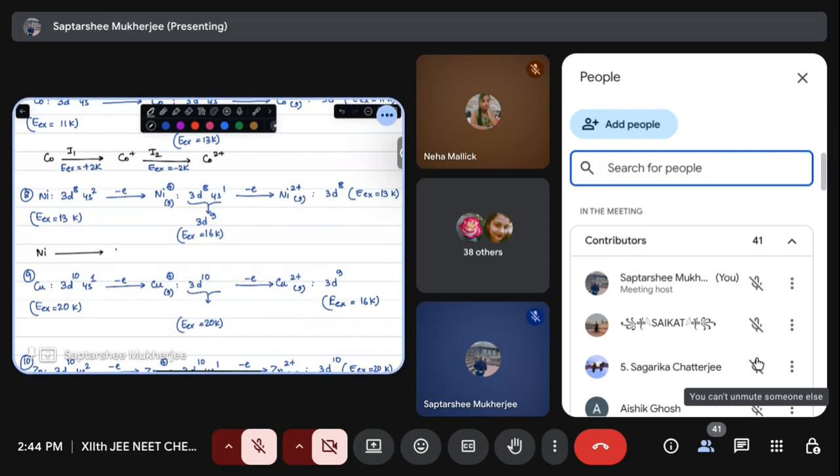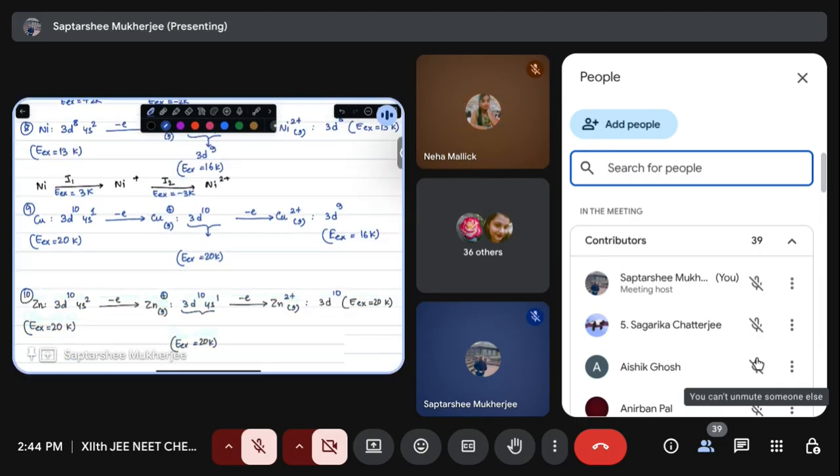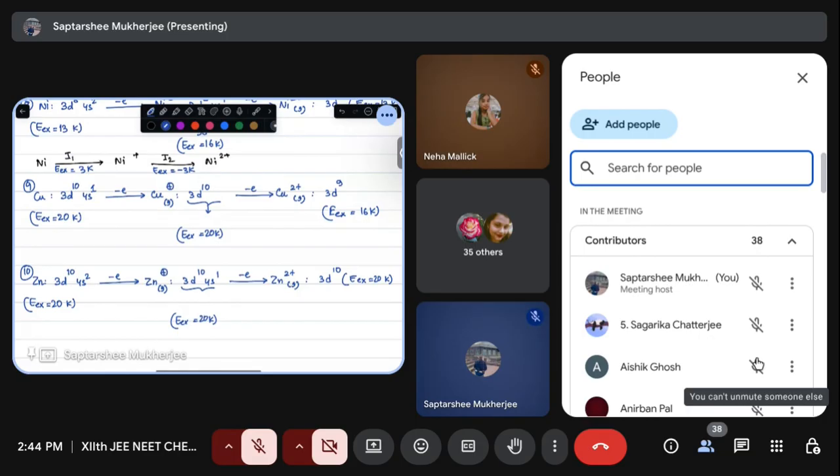Nickel to nickel plus to nickel 2 plus. First time the exchange energy gain is how much? Plus 3K. And during the second time it is minus 3K. Right, and similarly we can count for the remaining. I am not going further.